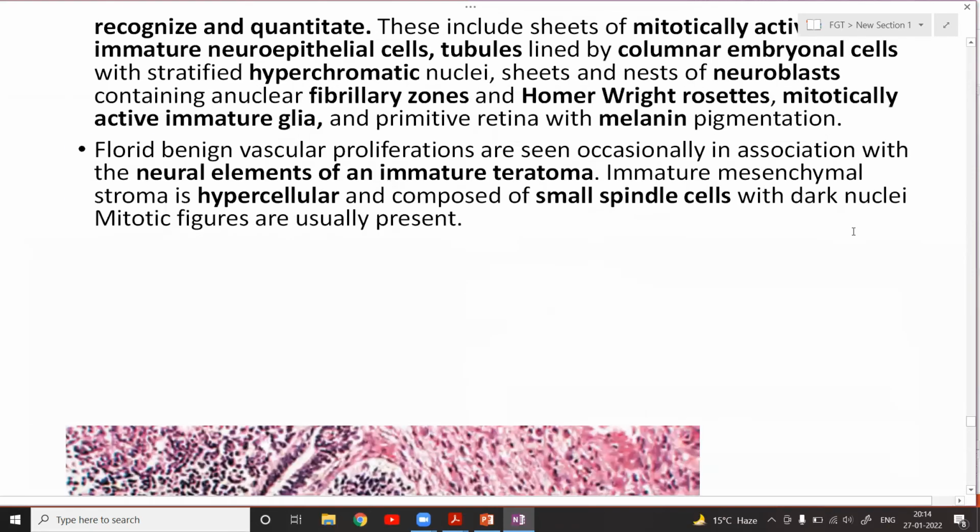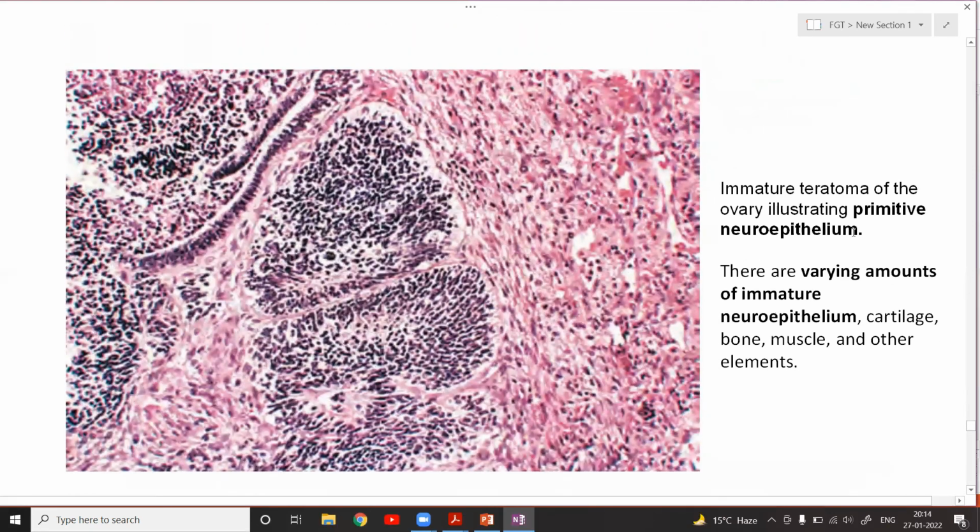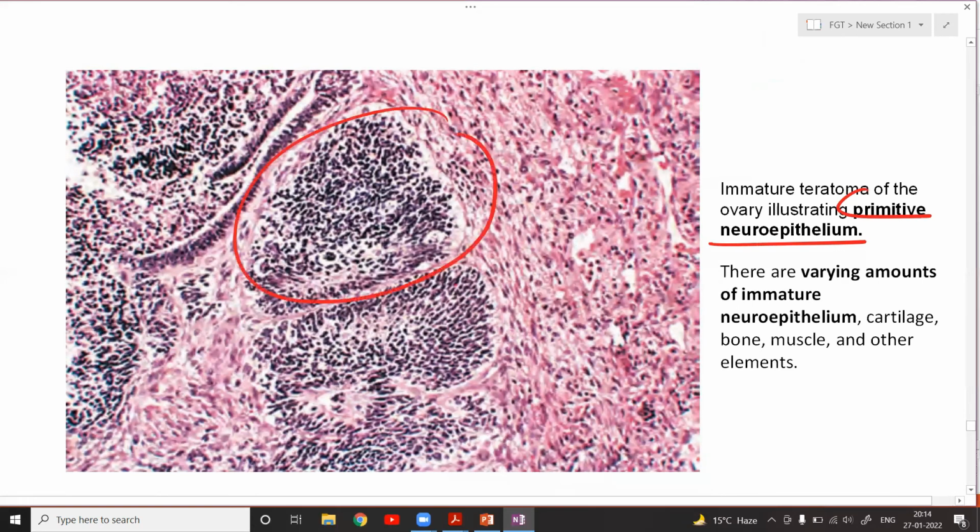Microscopically, very important, you are going to see most commonly the primitive neuroepithelium. Can you appreciate the primitive neuroepithelium? These are nothing but immature hyperchromatic neural tissue. Some of them present as neuroepithelium, as we can appreciate over here. Some can present as immature cartilage, immature bone, muscle, or other elements.